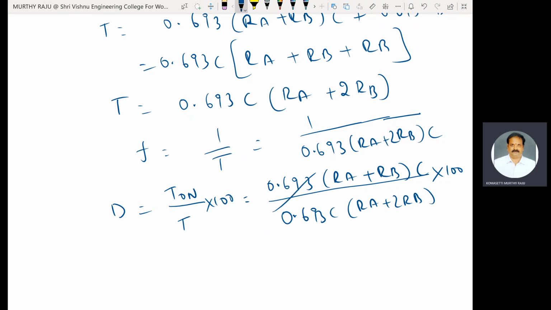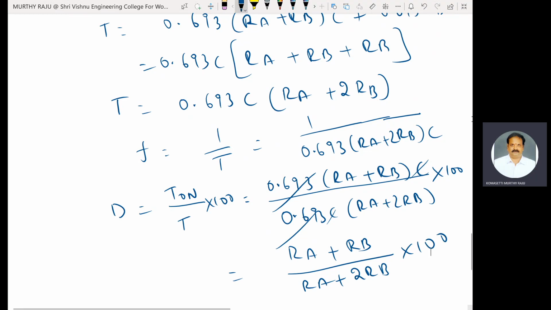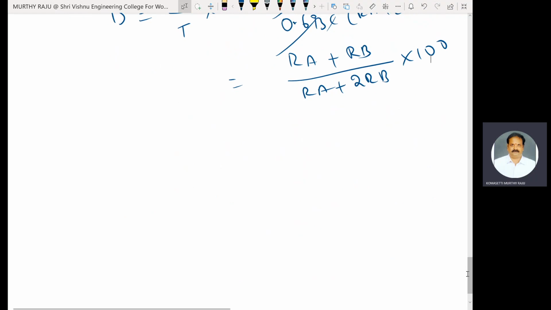Here 0.693 and C are cancelled. Therefore, duty cycle is RA plus RB by RA plus 2RB into 100. This is the duty cycle of that waveform. With this, the analysis and derivation part is completed.